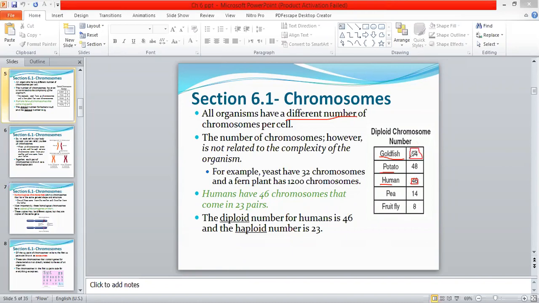So, according to the number of chromosomes, can we say that the goldfish is more complex than humans, more developed? No. So the number of chromosomes is not related to complexity or development of the species. But you can say that the number of chromosomes characterizes one species from another.